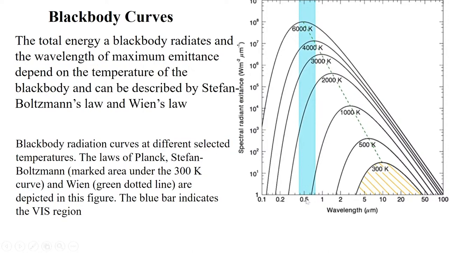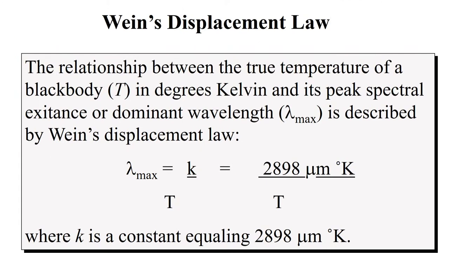and Wien's displacement law is represented by the dotted line, and the shaded area under the 300 Kelvin is representing the Stefan-Boltzmann law. So here we are going to talk about Wien's displacement law.